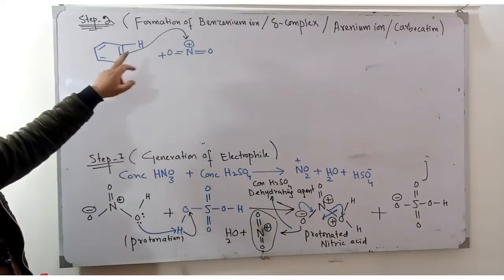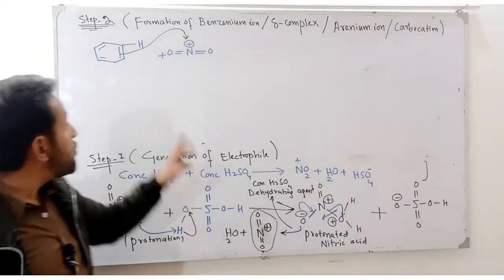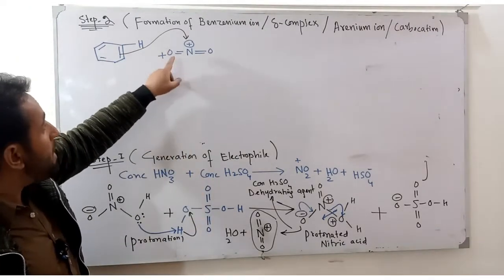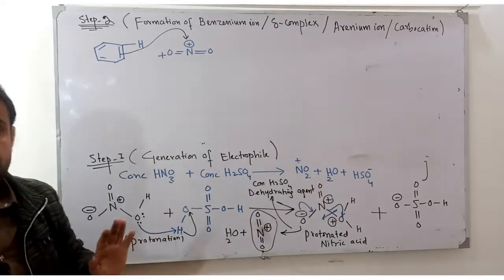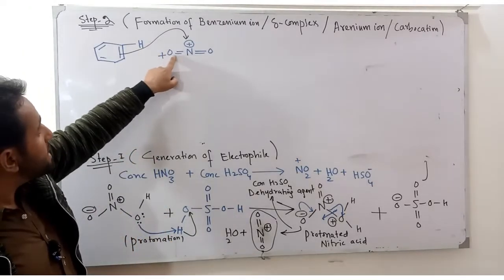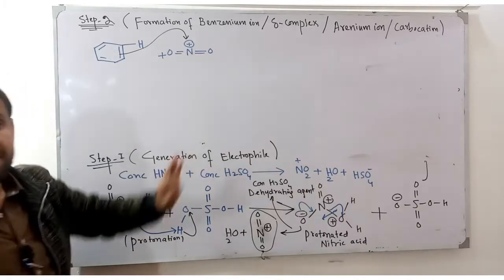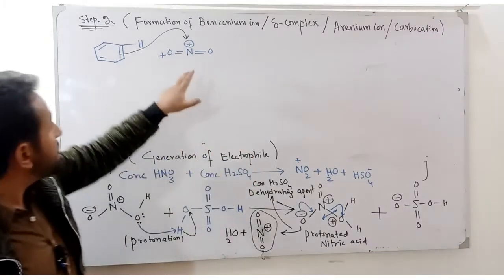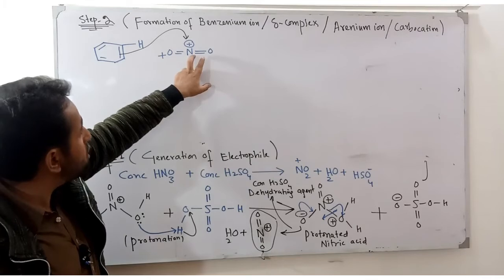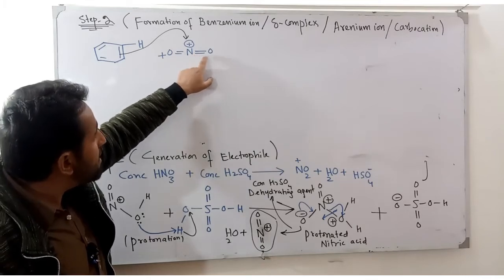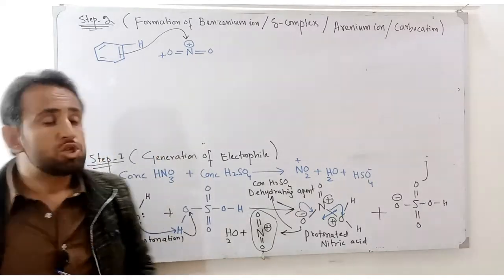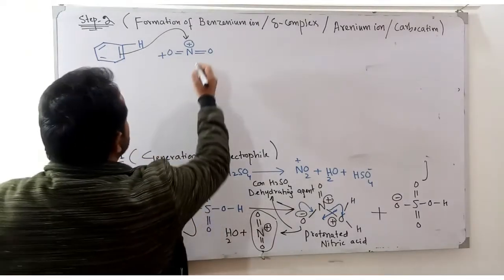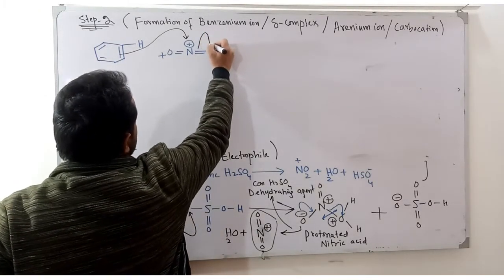This bond formation is only possible when one of the oxygen atoms breaks its bond with the nitrogen atom. Suppose this double bond breaks, or you can also break the other double bond, because the bond energies of both N double bond O are the same. So how will it form? I will suppose it forms from this double bond.